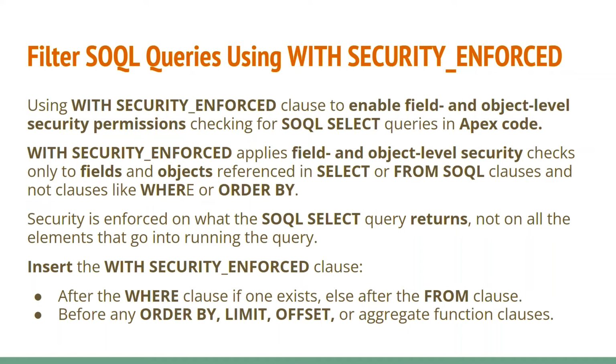If we say select ID, name from account where name equal to Acme, it will check for all the records which have the name Acme in Salesforce, without the consideration of whether a particular user has access to it or not. It will give us all the results according to that where clause. But with with security enforced, we will see only the records on which we have access.